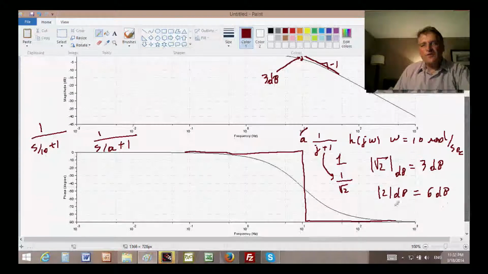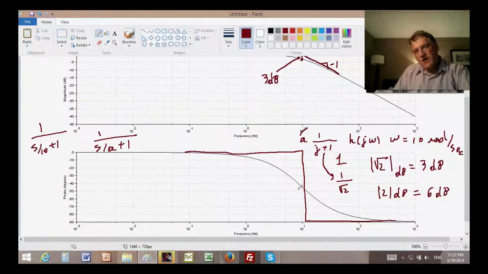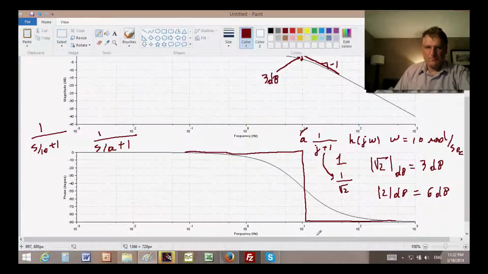Okay, so for the phase, again, you have a certain number of rules, and you can follow them. You will see them in the book, and they tell you how much the approximation of the phase, which is the step approximation, differs from this smooth phase here. Okay. All right.